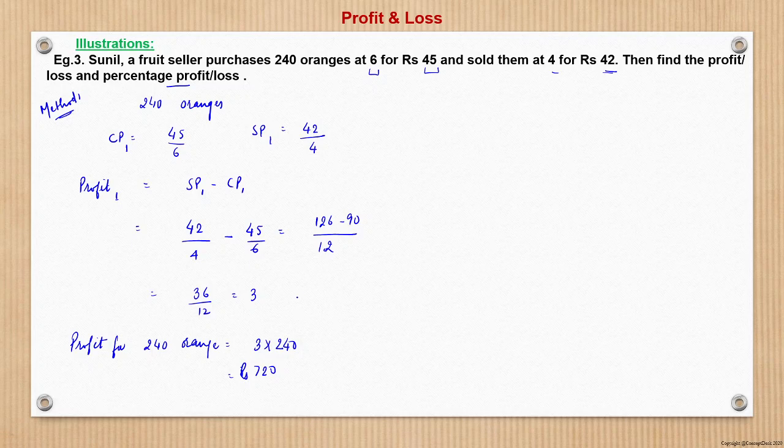Now see, here only we will calculate the percentage profit. Percentage profit will be what? Profit upon CP into 100. So here profit we have calculated as 3 for one item. CP of one item is 45 by 6, and into 100.